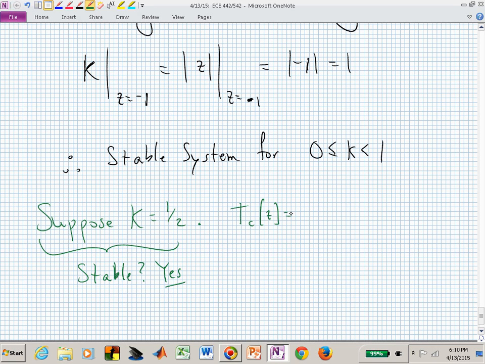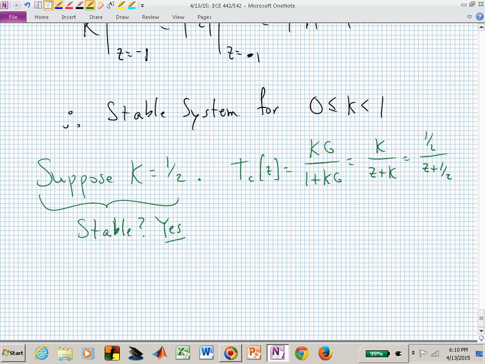As I said, you could just plug it in here. And now we have our closed loop transfer function, T sub c.